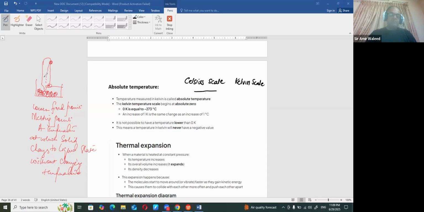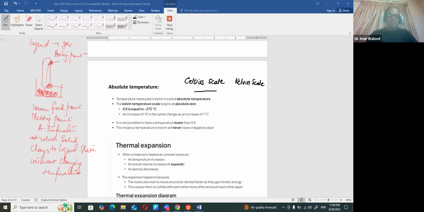And once you reach this point and the water starts boiling, you can say boiling point. The boiling point is a temperature at which liquid converts into gas state without changing the temperature. So there is a melting point and there is a boiling point.